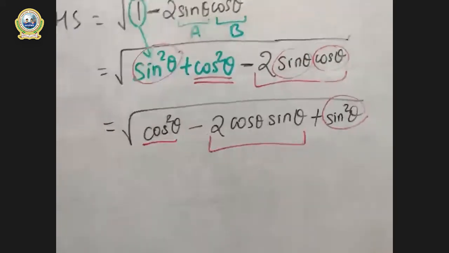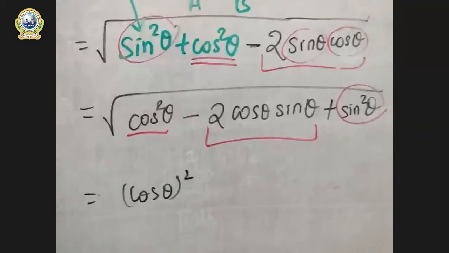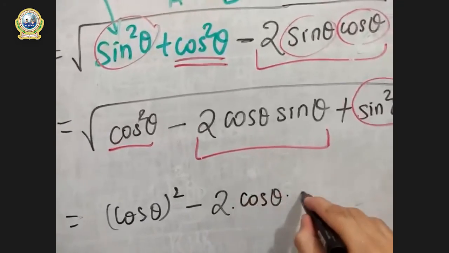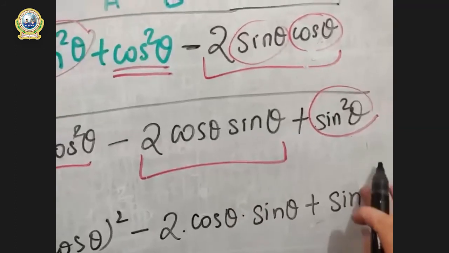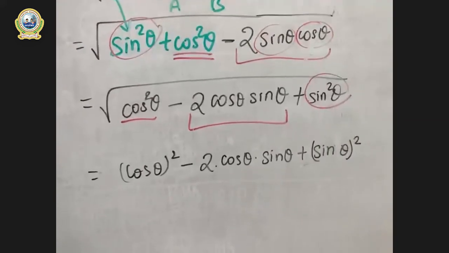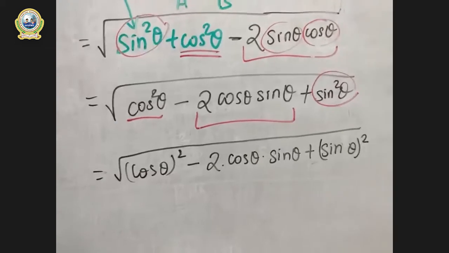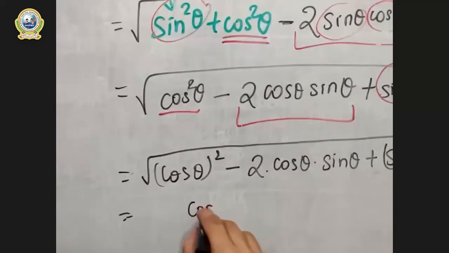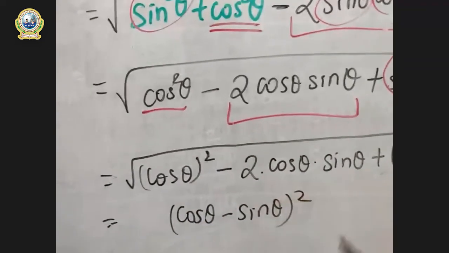So it will be now cos theta whole square, A square minus 2AB plus B square, and our root sign is as it is. So this will be straight converted into the formula A minus B whole square. Isn't it so? This is very clear.